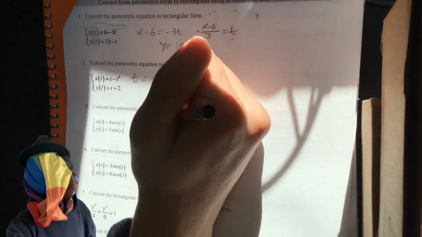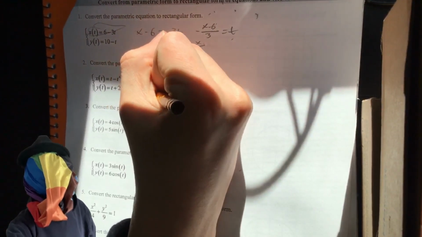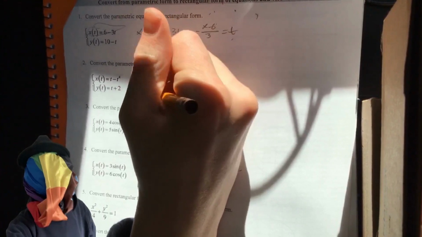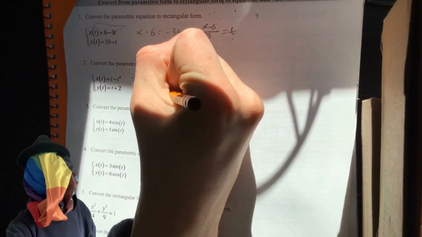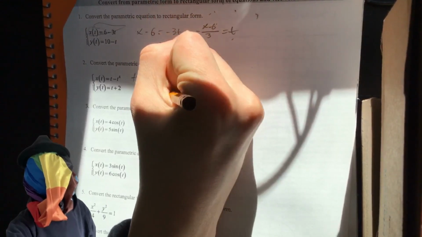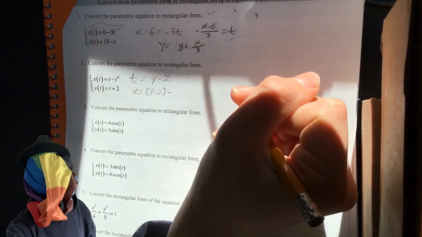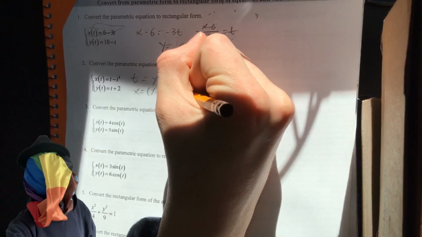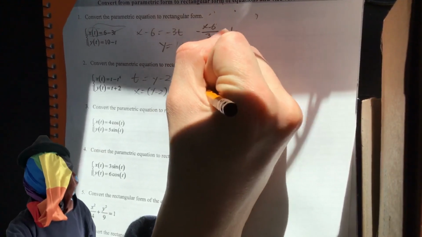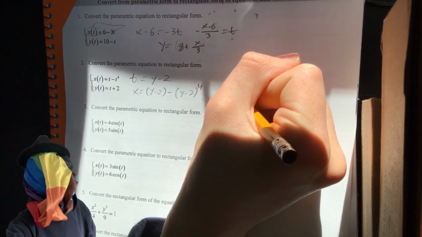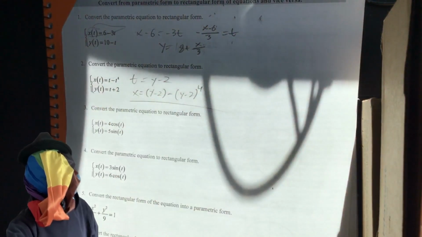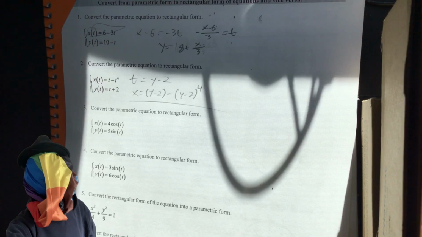And then I substitute in x equals y minus 2 minus y minus 2 to the power 4, which I'm not solving. I'm just going to call that the answer. I don't want to do this.